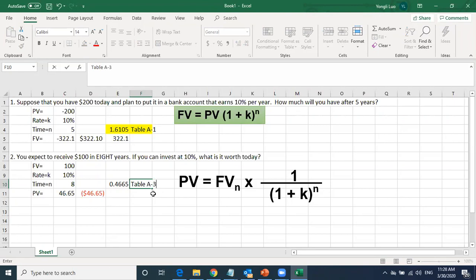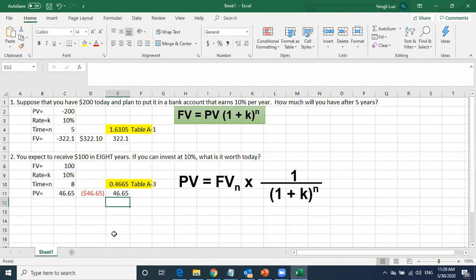You got this number from table A3. Good. So now you can see the present value is equal to this factor times your future value, 100. That's your present value.